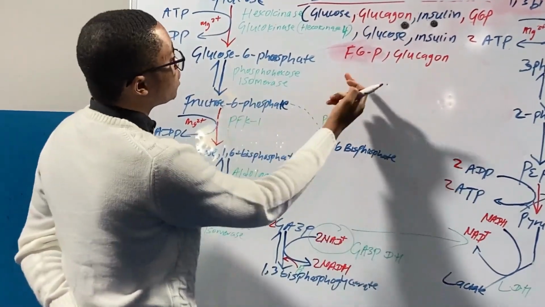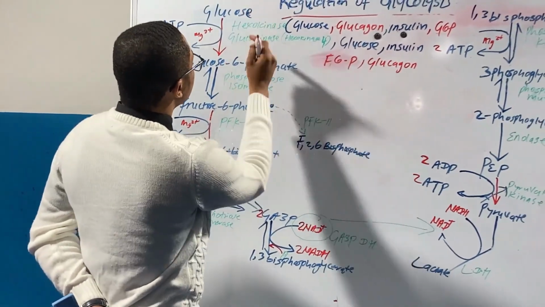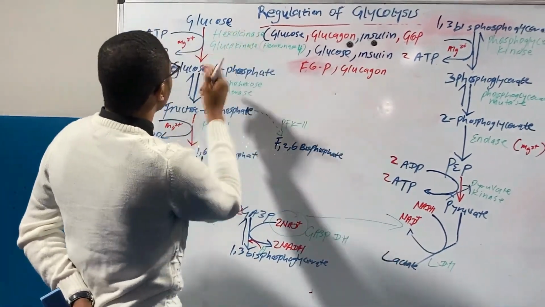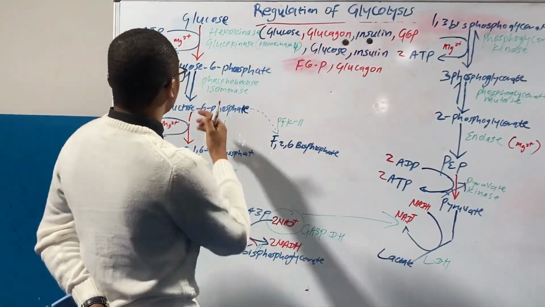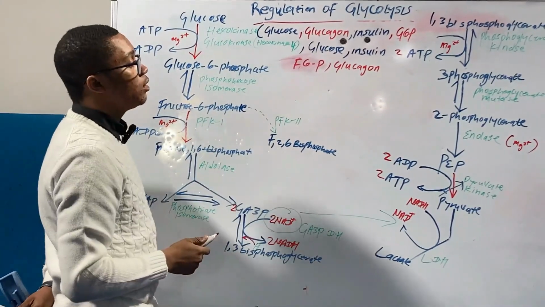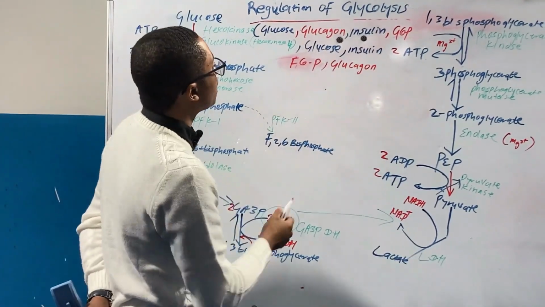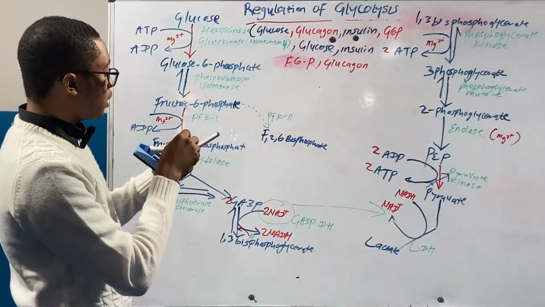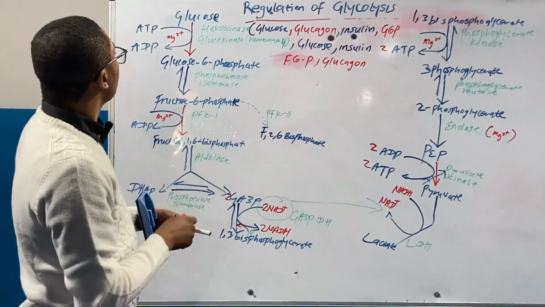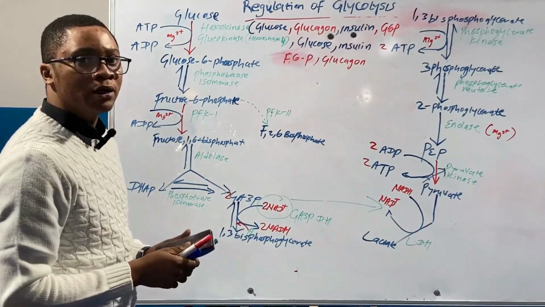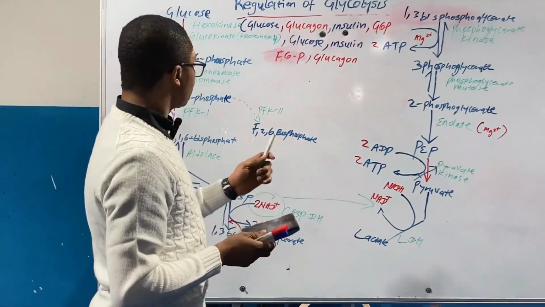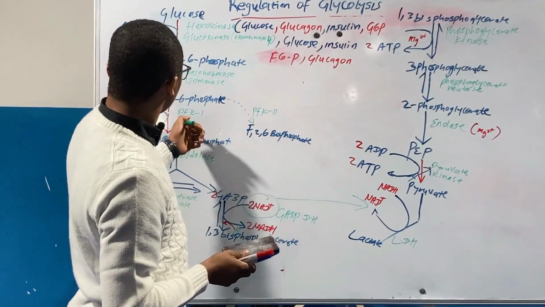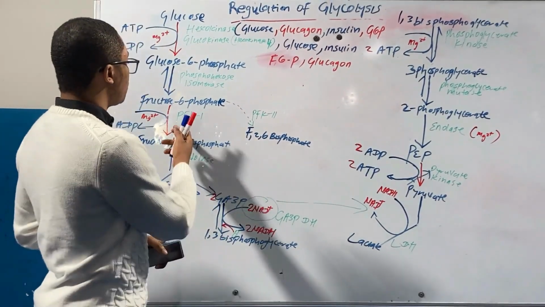So fructose phosphate inhibits glucokinase, preventing it from phosphorylating glucose into glucose phosphate and then fructose phosphate. So these are the stimulators and inhibitors of hexokinase and glucokinase.